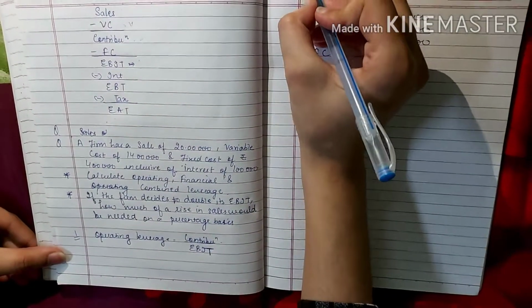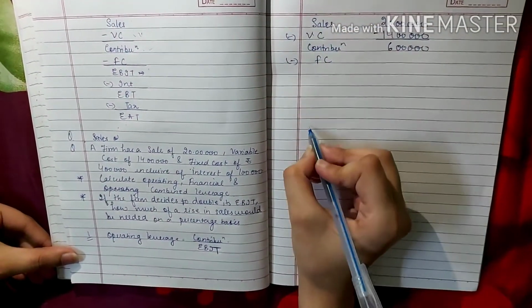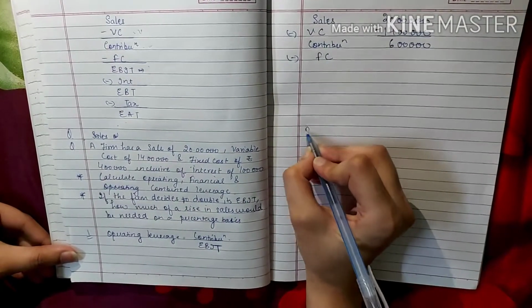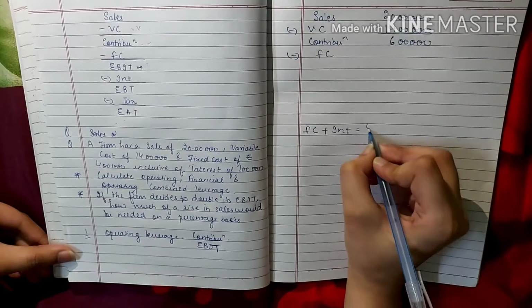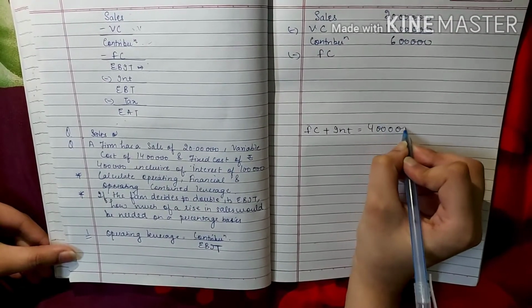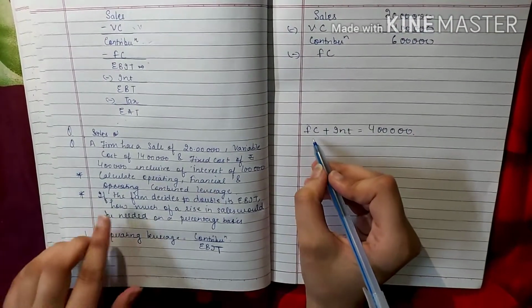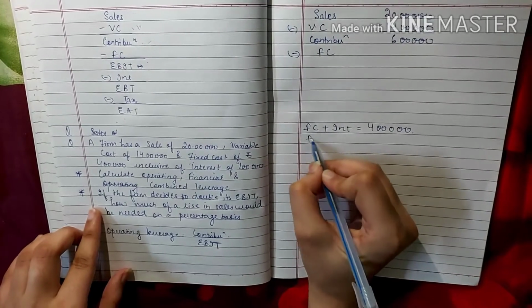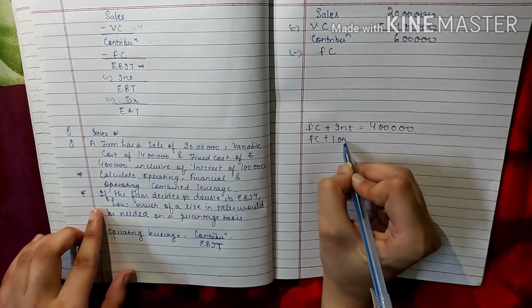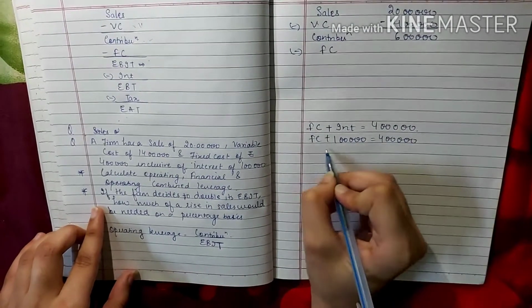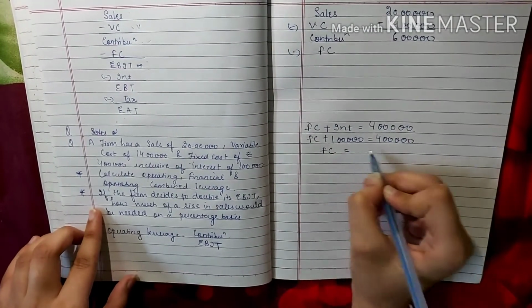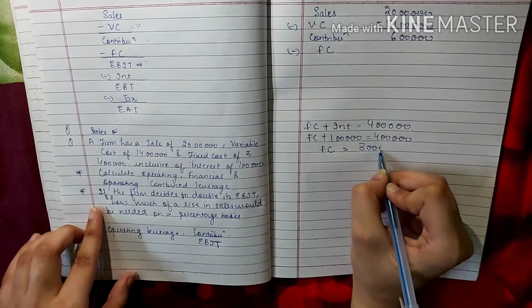So it is basically fixed cost plus interest is equal to 4 lakh. So interest is given as 1 lakh, fixed cost is equal to 3 lakh.